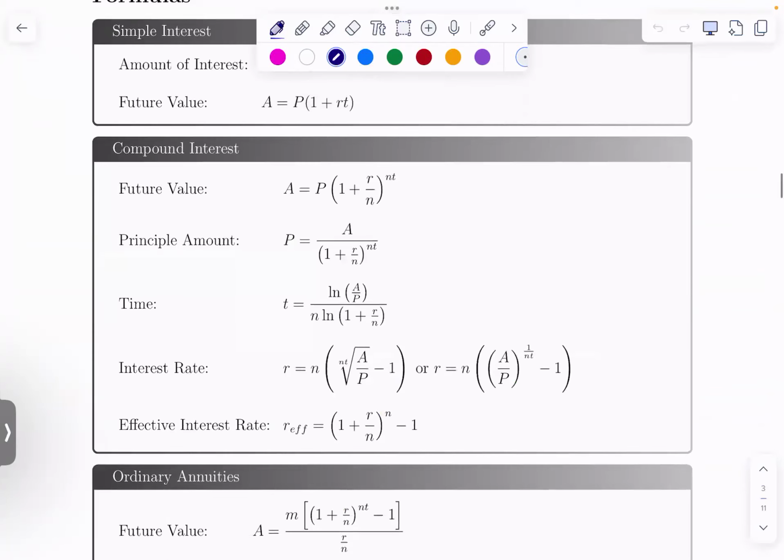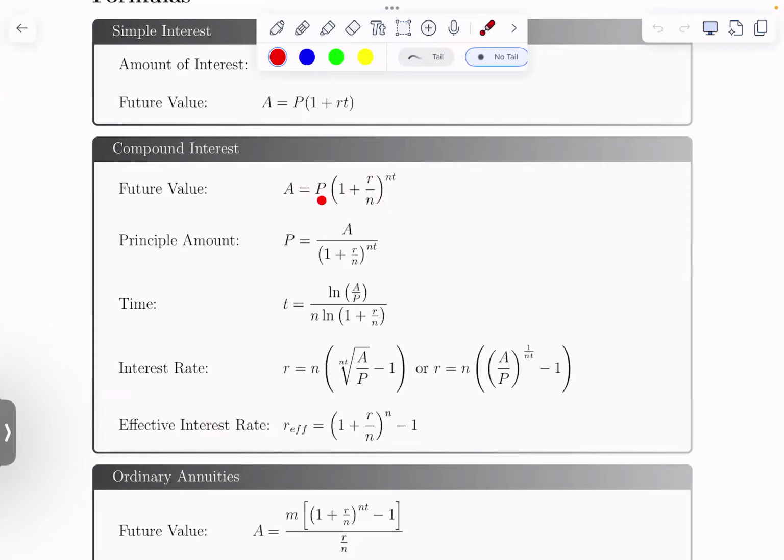Forgot where my formula sheet was. So for compound interest, we've got a lot of different options. Now I want to solve for P, but I have an A, which means I can use this one. All of these formulas, except for the last one in the compound interest, is just the first one rearranged, right?